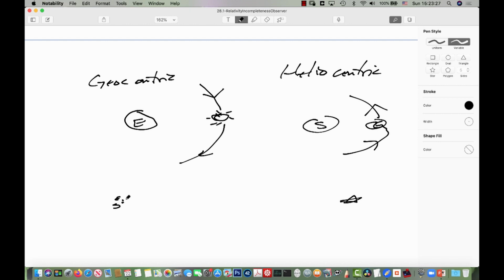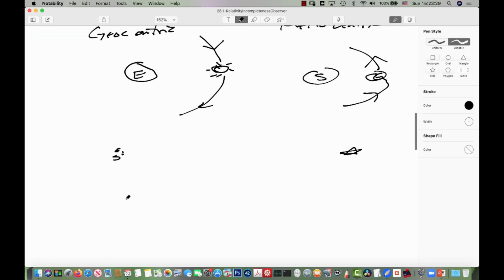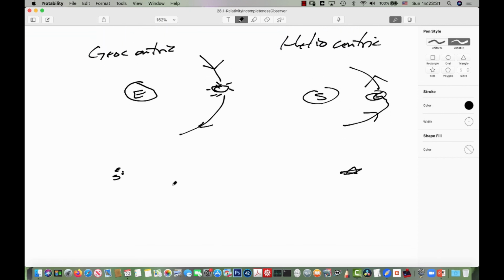Now, where things break down had to do with what was called retrograde motion, and I will happily let an astronomy professor get into that. But long story short, when you look at the position of a planet night over night, usually between successive nights, the position of the planet is progressively more eastward.